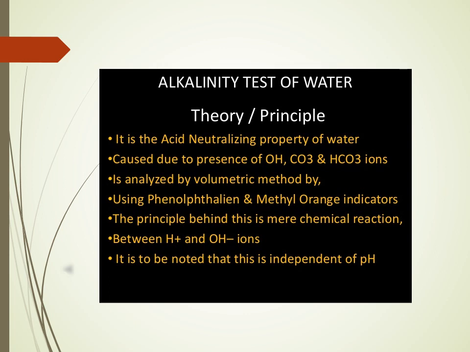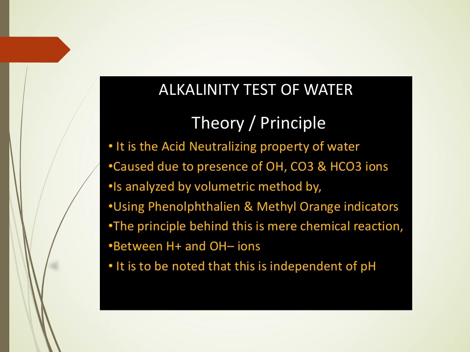The total amount of acid used from the beginning of the experiment, that is from the phenolphthalein indicator to the methyl orange indicator, corresponds to the alkalinity present in the water sample. After this titration, there are further calculations to determine which type of alkalinity is present in the water and the extent of this alkalinity in that given water sample.